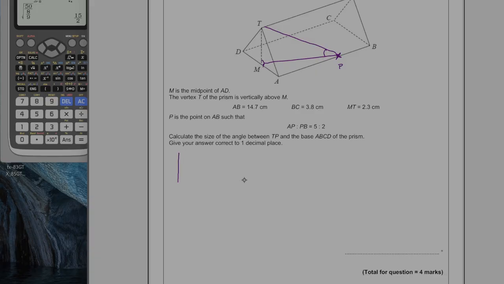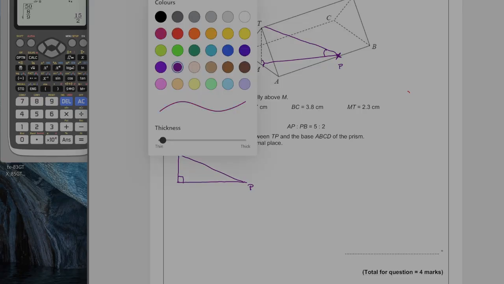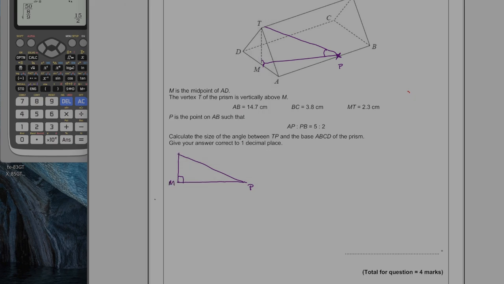Always useful to draw a diagram to visualize it a little bit better. So if we call that M, T, and P. I'm also going to have to look at the bottom triangle, so let's call that AM, A there, and T there.